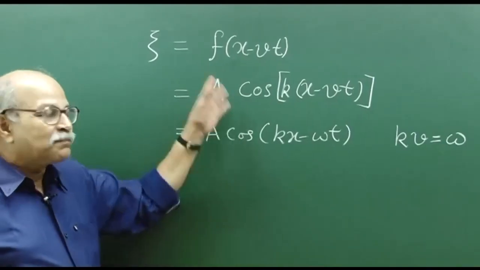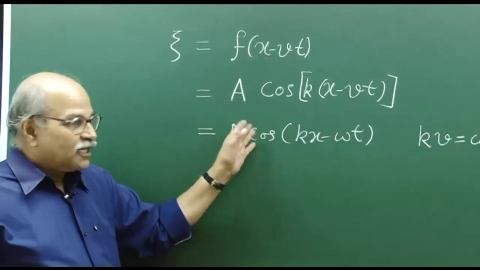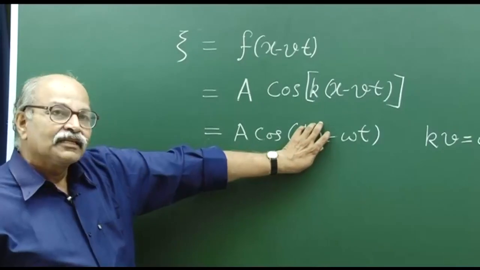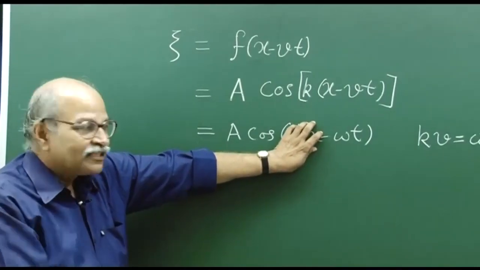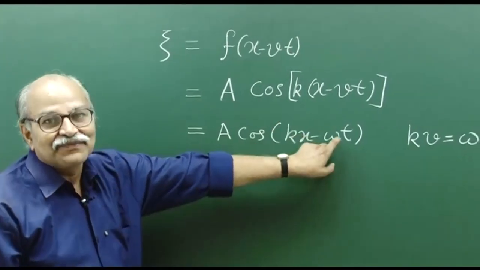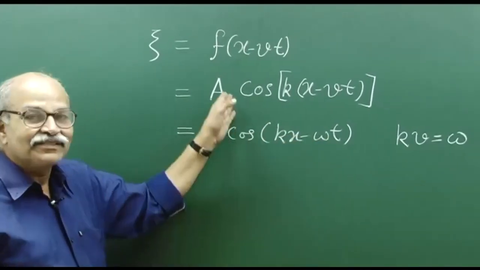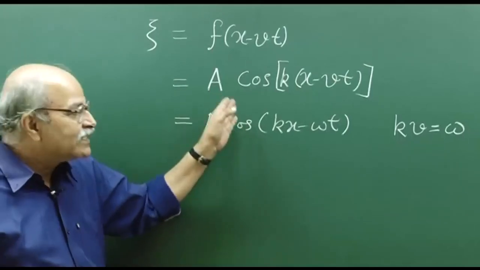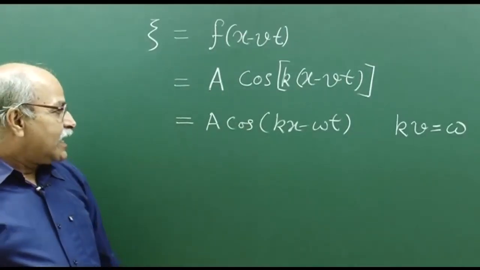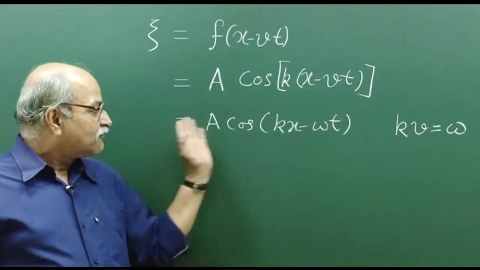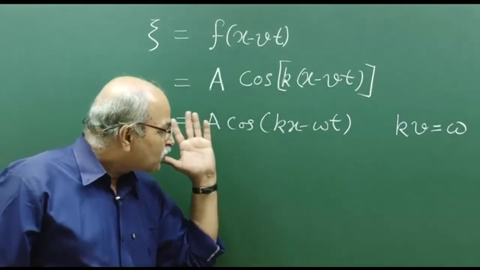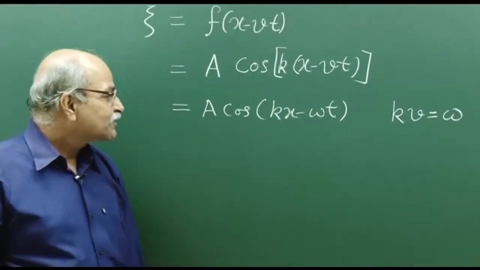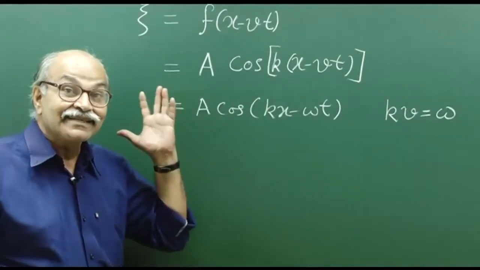There is a kind of simple harmonic oscillation. If you fix some x in your medium, some small portion, so fix that x, it varies with time, and that oscillation is simple harmonic oscillation. And if this is the kind of wave, then it will have a periodicity in space and a periodicity in time.